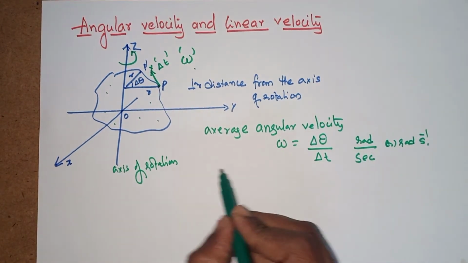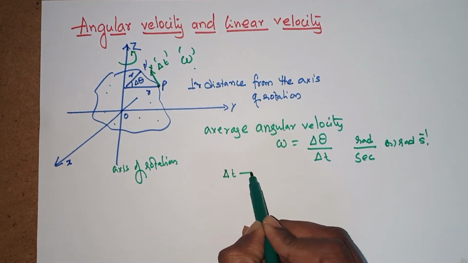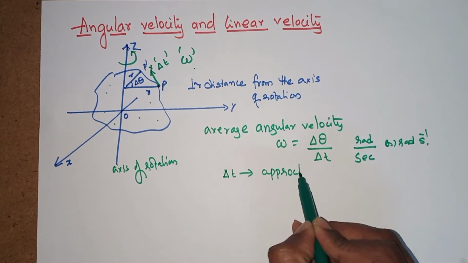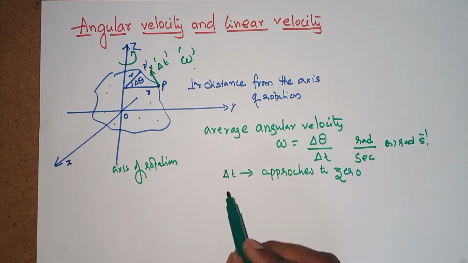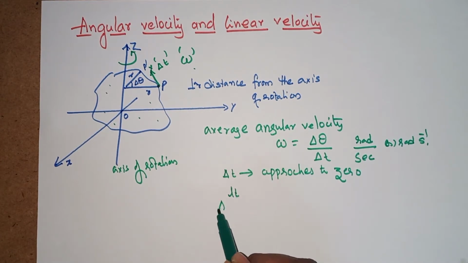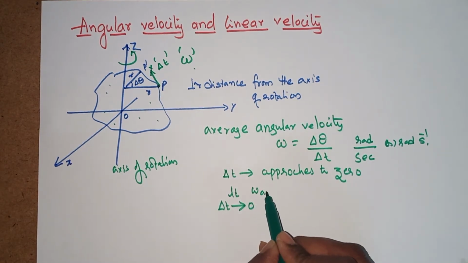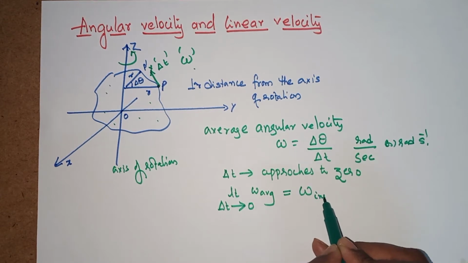See here, suppose the time delta t is taken as less and less, almost approaching 0. The time interval reduces toward 0, not equal to 0, but approaches 0. Then omega average equals omega instantaneous.